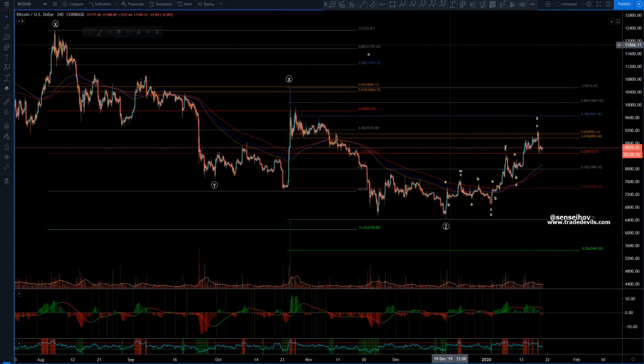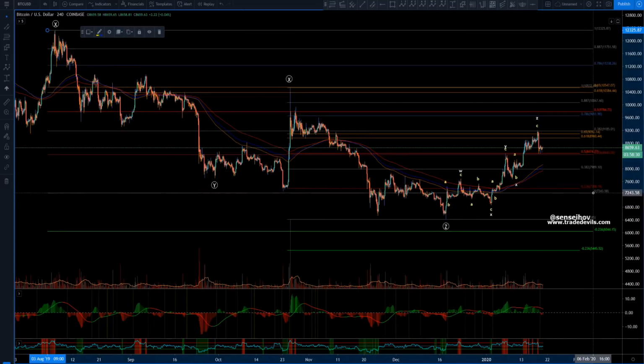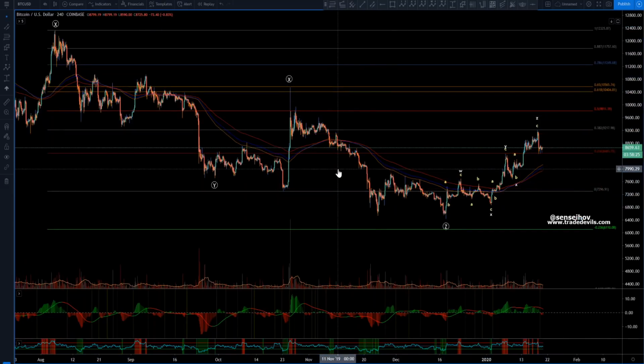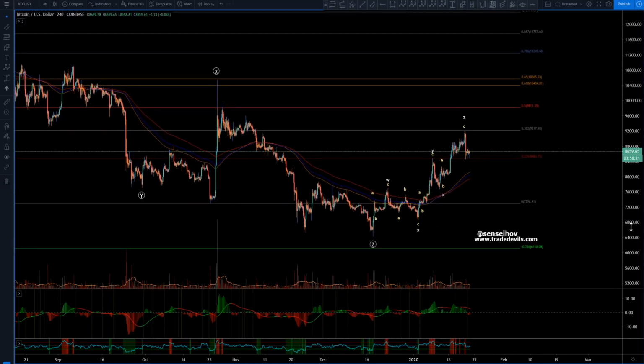Not only that, but if we pull this fib all the way over, I'm going to remove this one real quick. All the way over, we can see that this same fib is still in play. We still got the reaction at the 236 to the tick, and now we're reacting at that 382 to the tick. So it shows me that this algo is still selling heavily because it hasn't reached the target.